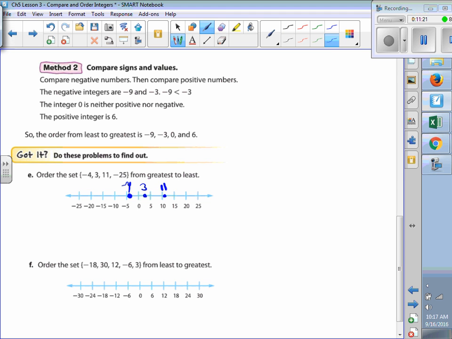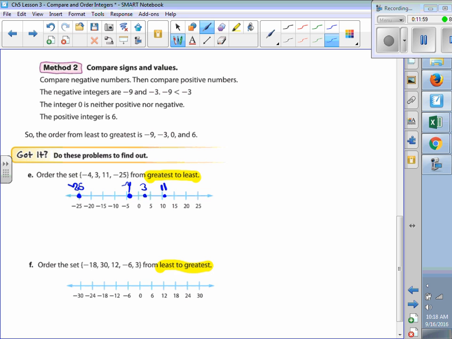And then -25 is way over here, right? Now you have to make sure you pay attention to what direction they're saying, greatest to least or least to greatest. If I'm doing greatest to least, I'm going right to left.